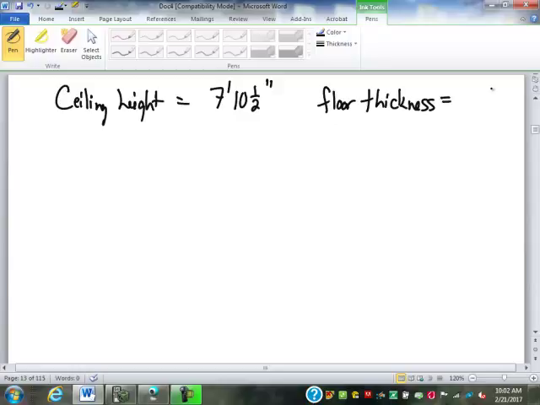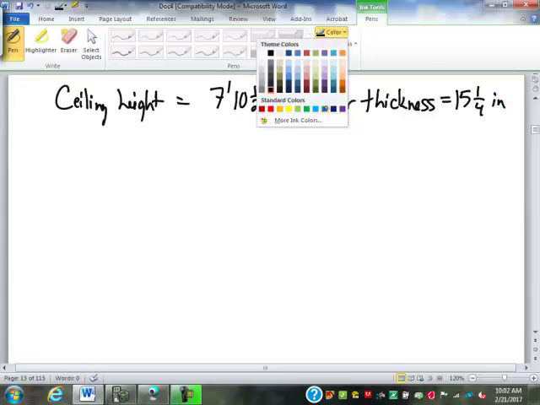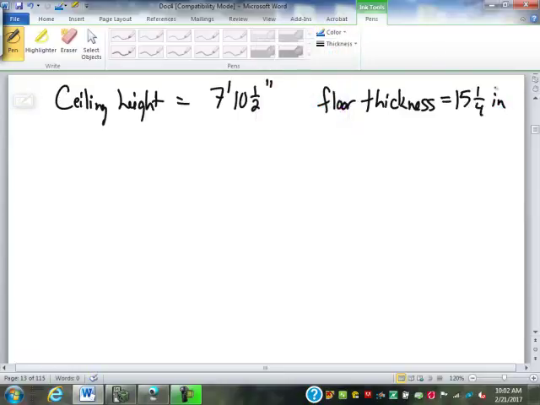So let's say our floor thickness here is going to be 15 1/4 inches. So the first thing I have to do is find my total rise, correct?